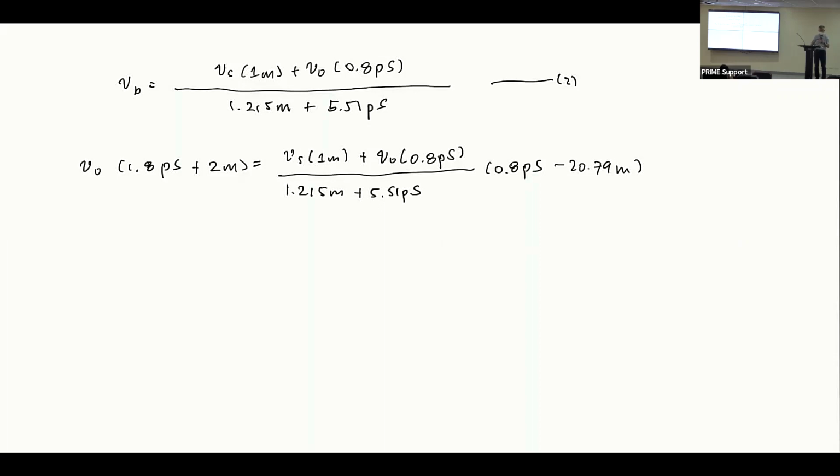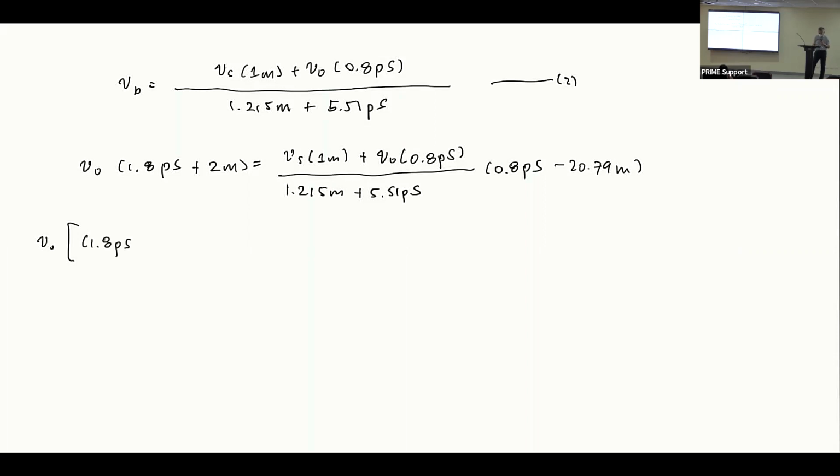Okay. Now notice that I have a V sub O term here that I have now to put back into the left side. Right? So okay, I'll work on that. So that's V sub O 1.8 PS plus 2M.